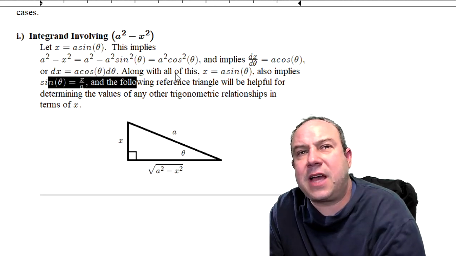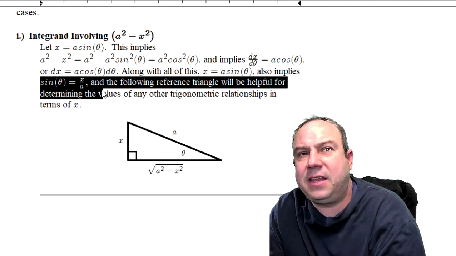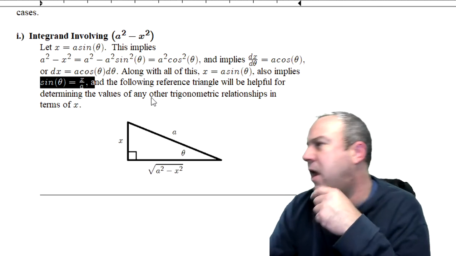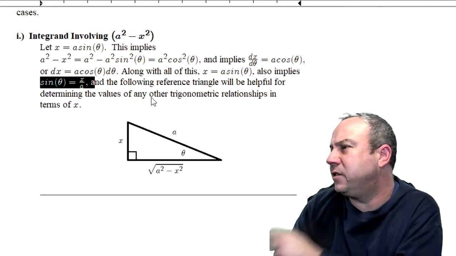And then also, because I let x equal a sine theta, in the end I'm going to need to have some right triangle trigonometry to reference.